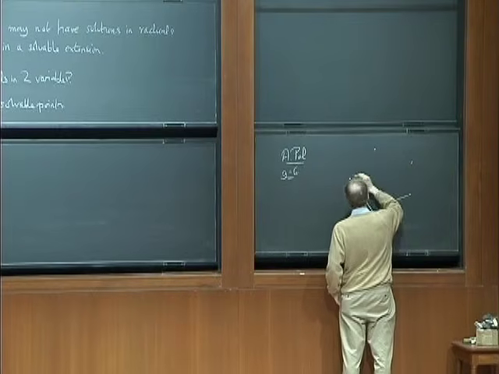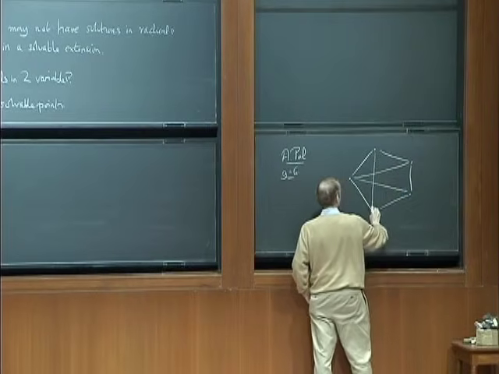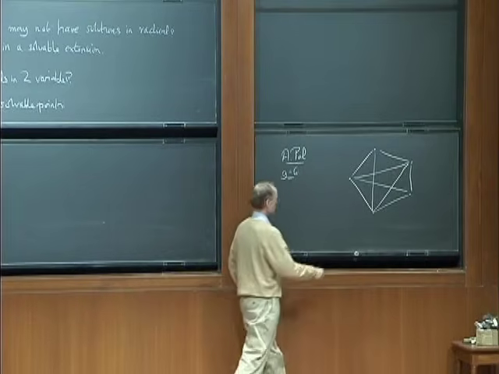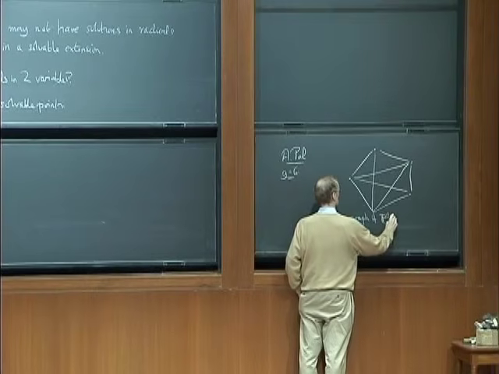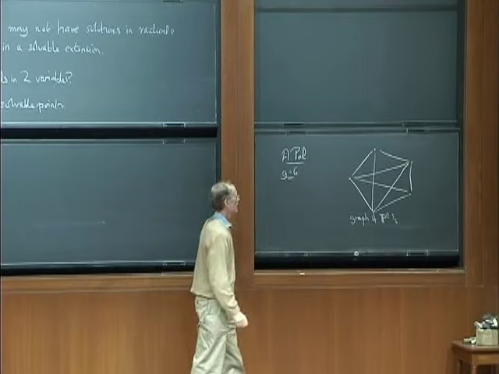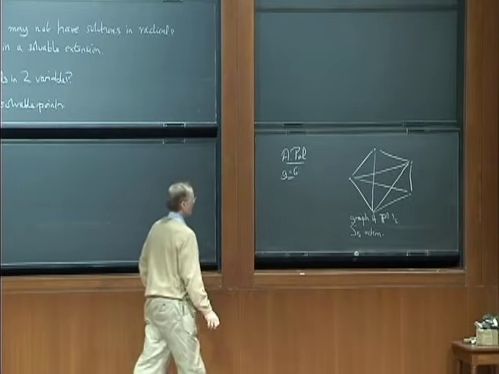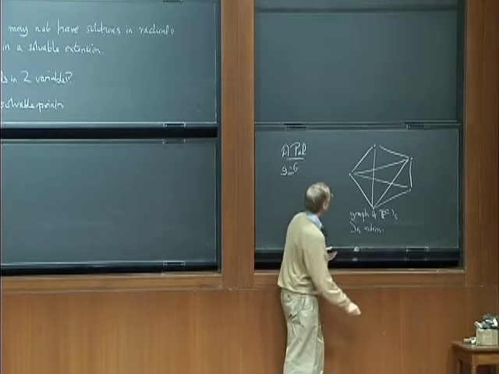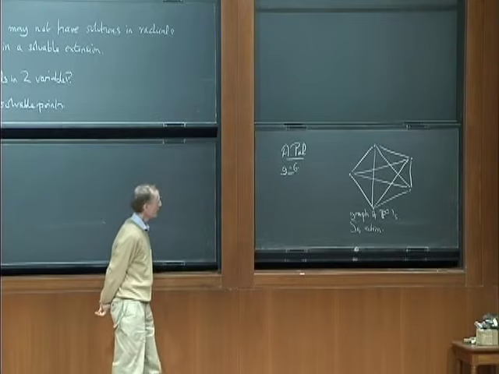So you take the graph on 5 points. I guess you call it a complete graph or something. View this as a graph of P1s. And you have an S5 action. And because the degrees at the vertices are at least 3, you can get a stable curve.